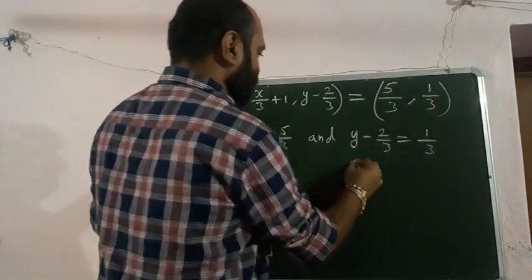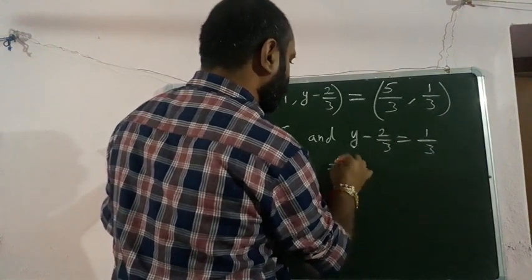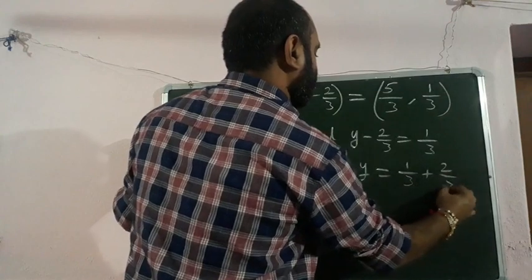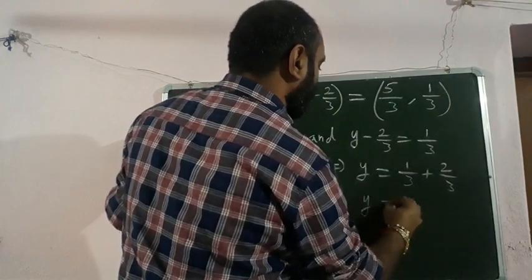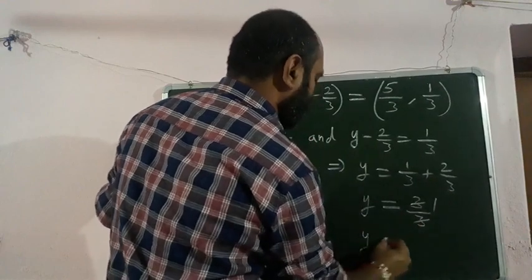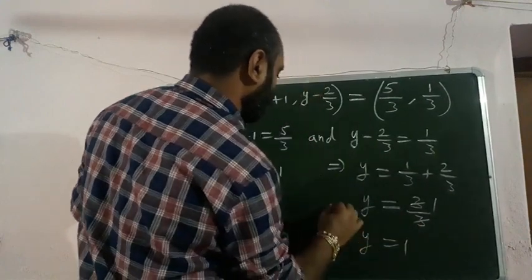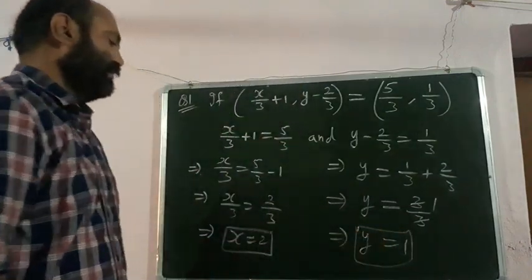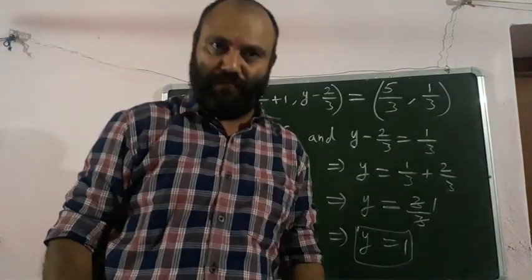And y = 1/3 + 2/3, which is 3/3, that is 1. So these are the values of x and y for question number 1.